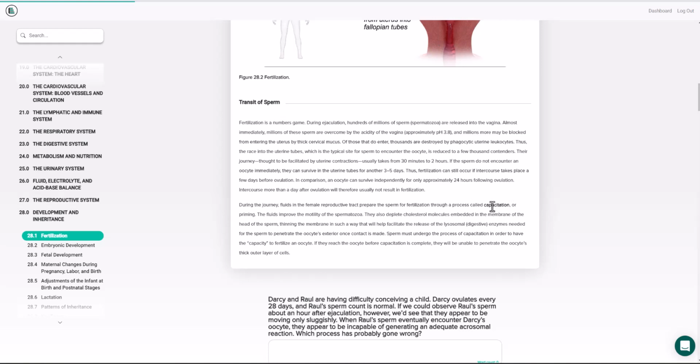Again, we've talked about this, that the acidity of the vagina is down in the 3 to 4 range. So very, very acidic. Sperm don't like that, so many sperm are immediately destroyed by the acidity of the vagina. Others will be stopped at the cervical mucus. Recall that the semen contains prostaglandins. Those prostaglandins are smooth muscle relaxers that help to open up that mucus plug, but still, many sperm will never make it past that.